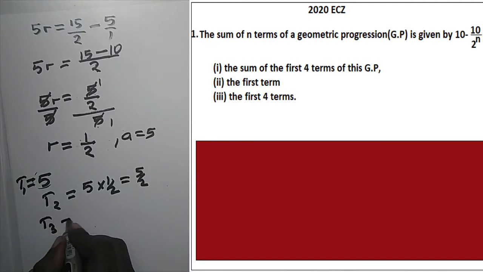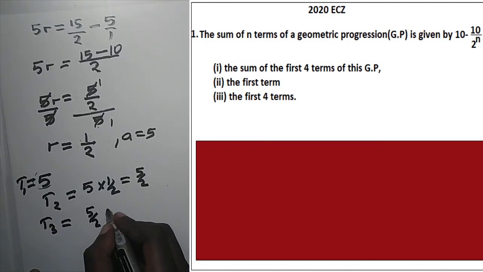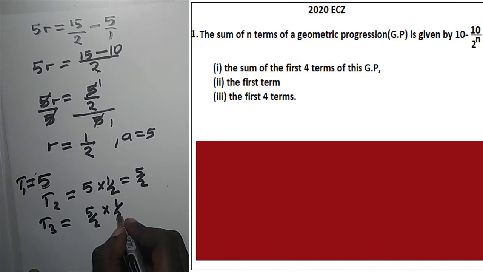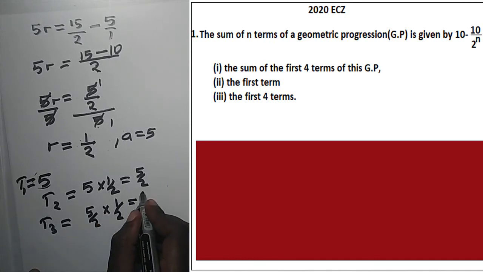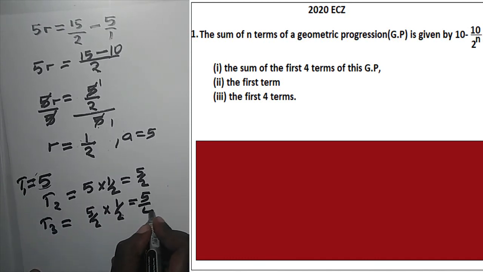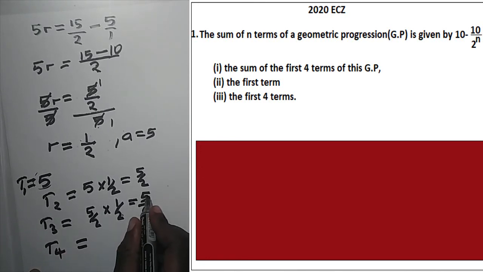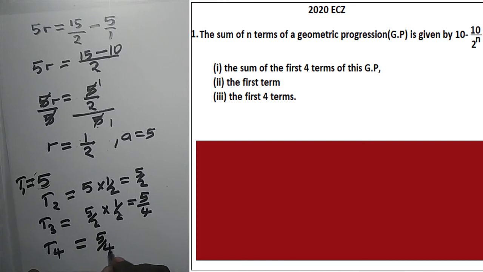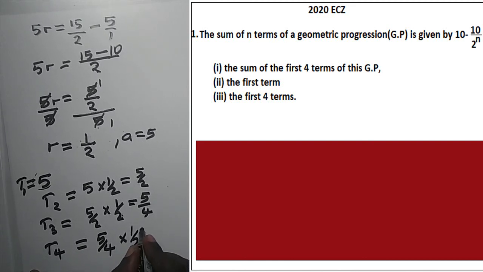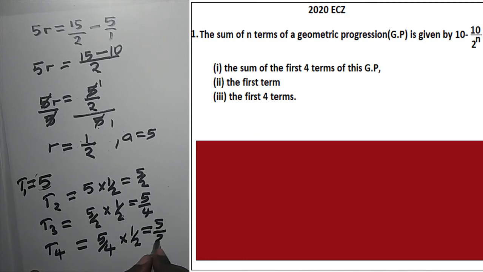Term number 3 will be equal to 5 over 2 times the common ratio, which is 1 over 2, which will give us 5 times 1 is 5, 2 times 2 is 4. And the fourth term, the last term, is going to be this 5 over 4 times 1 over 2, which will give us 5 times 1 is 5, and 4 times 2 will give us 8.